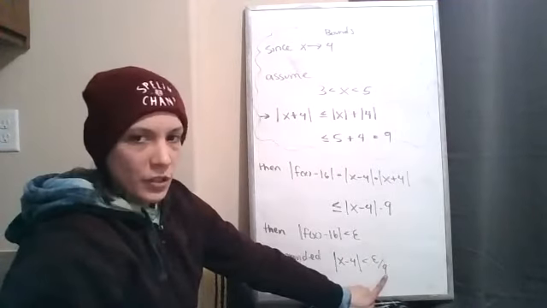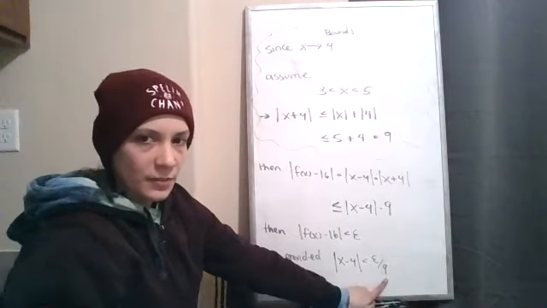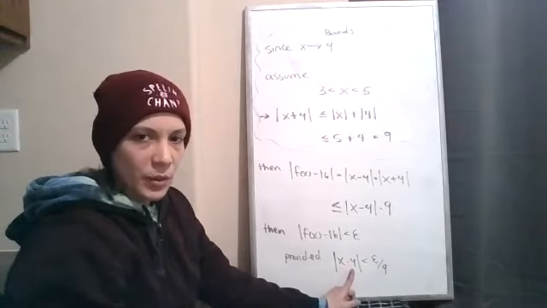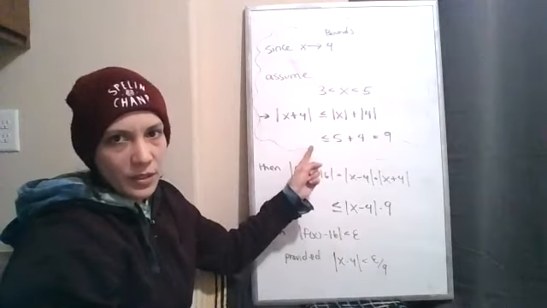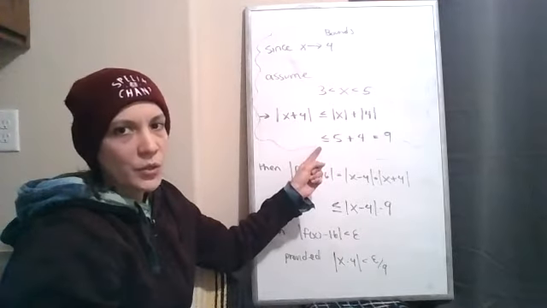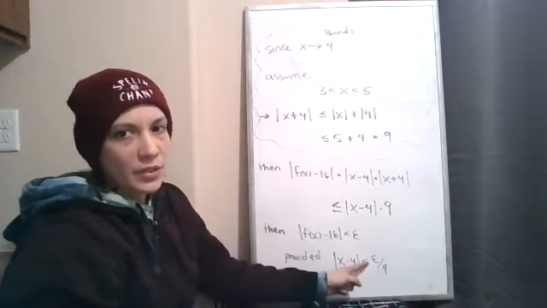So you might be thinking that this will be the delta, so that when you have the distance between x and 4 less than your delta. But you also had this bound over here, which was a distance of 1. So you choose the minimum of 1 and epsilon over 9.